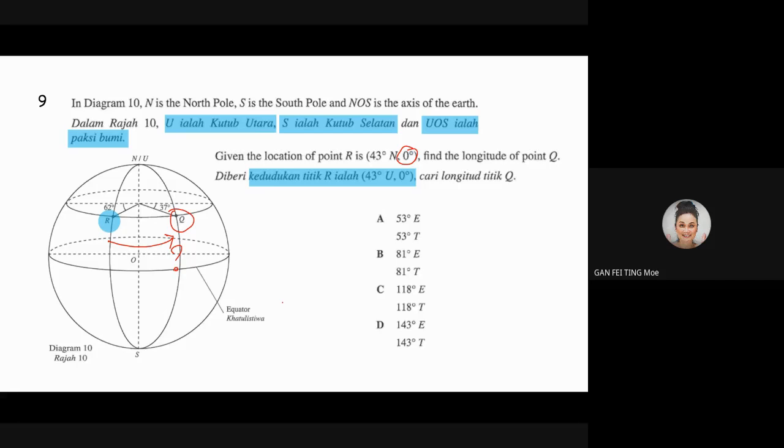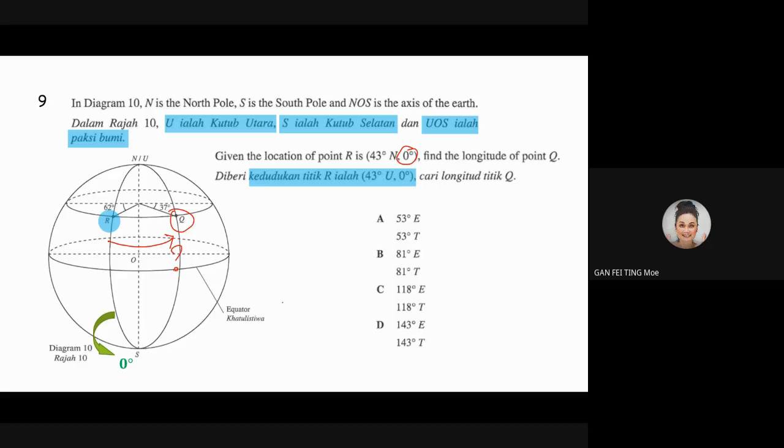If you take 180 minus 62, the 118 is there also for you to choose, to trap you. This question is very simple, but if you misunderstood, you will not be able to solve. So how am I going to make sure that I can score this question easily? What I do here is, this is 0.